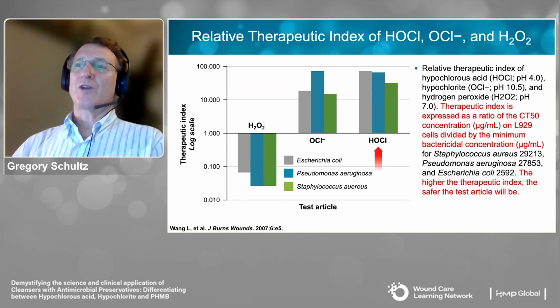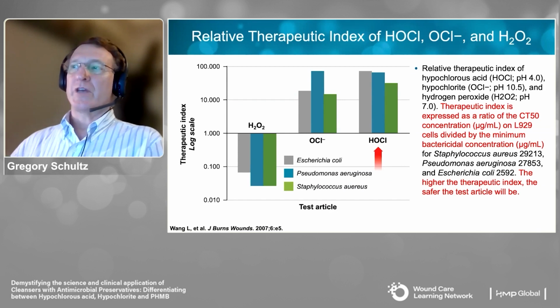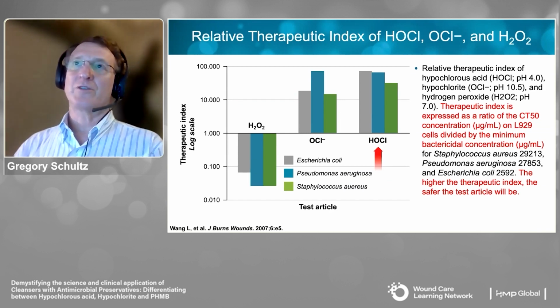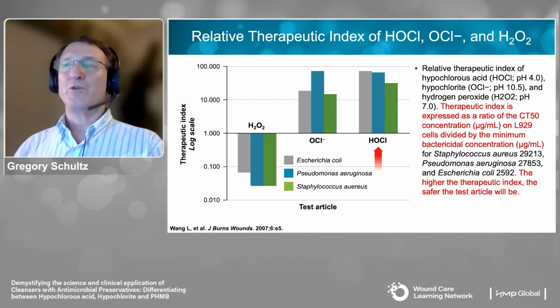Now, this combination of good microbicidal activity and good cell viability, or low cytotoxicity, is summarized in what's called a relative therapeutic index.